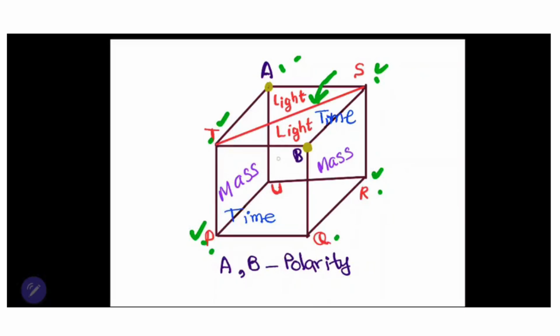in this creation A is in one section and B is on another section. So those two sections only join to create the force cube. So these two vertices have the polarity, positive negative characteristics or male female characteristic.